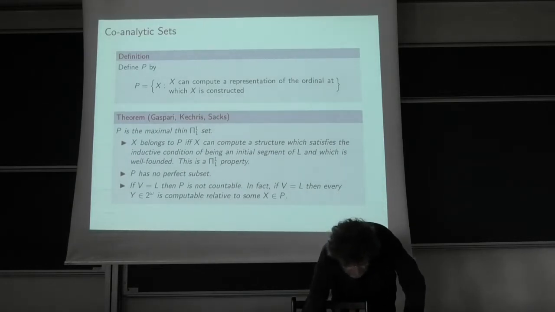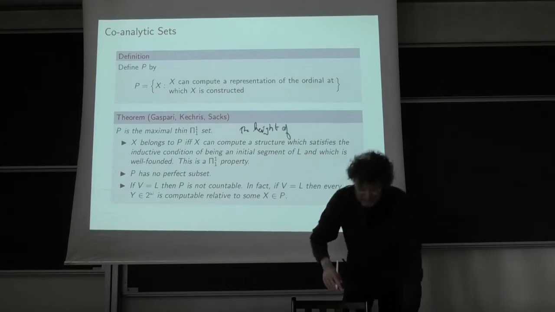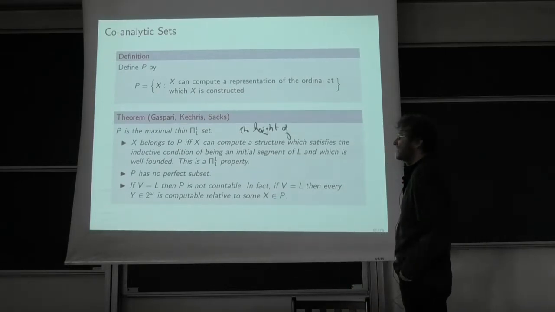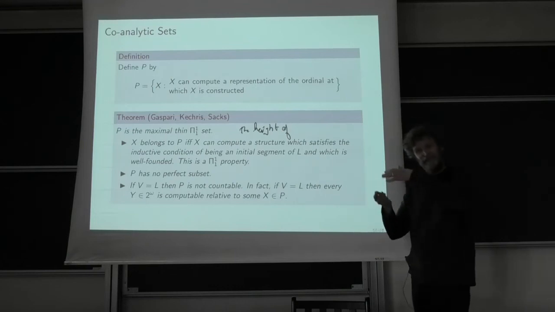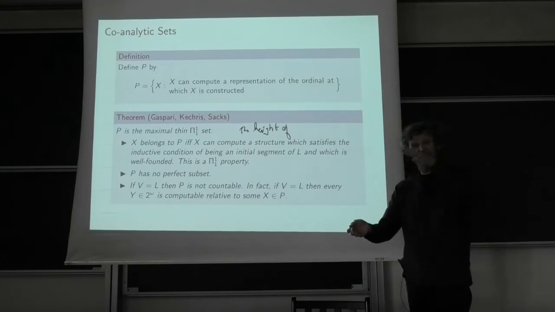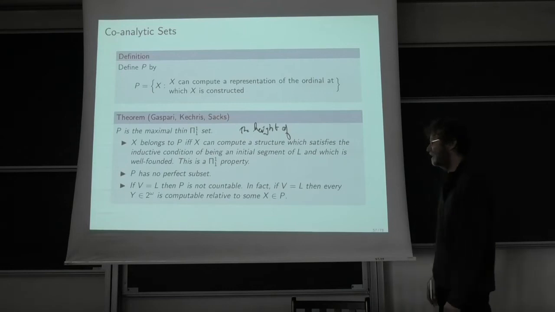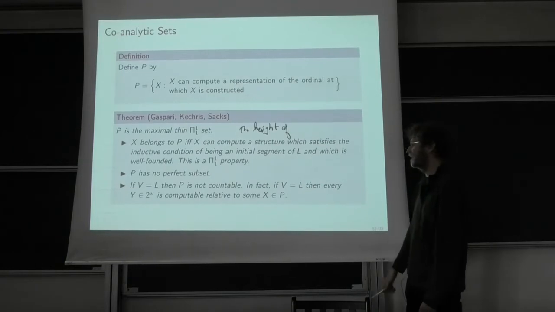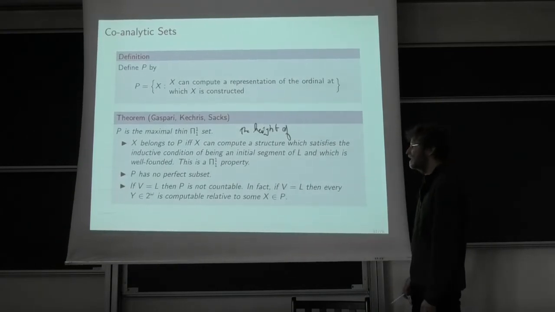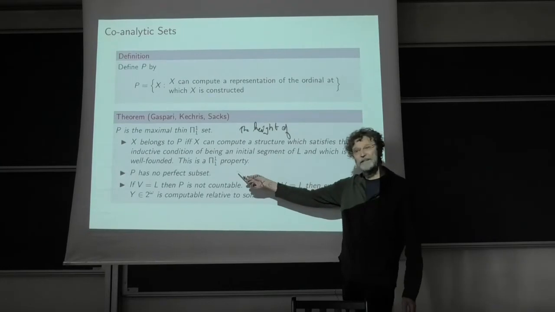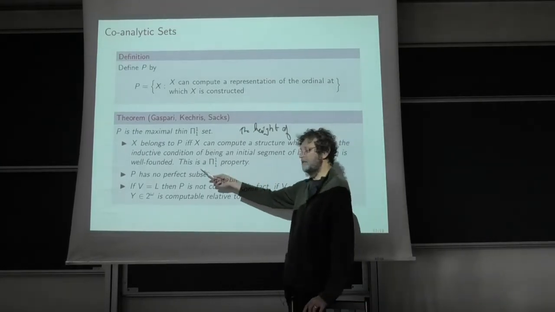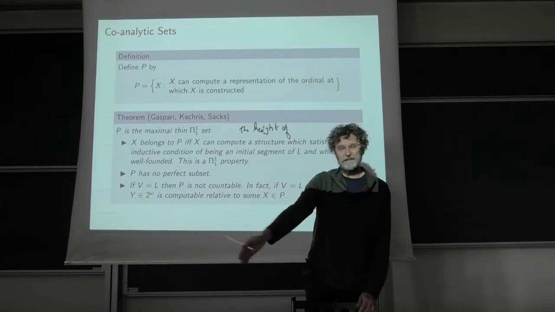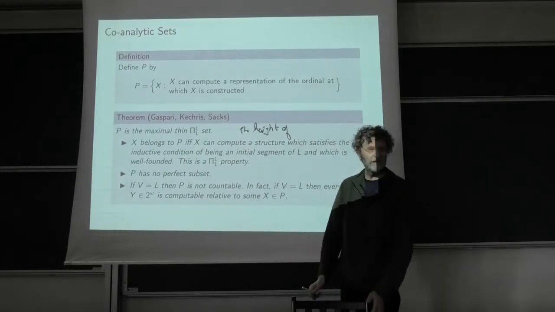It's not computing the whole structure, it can compute the height of it. The structure satisfies the condition that it was internally constructed by a recursion that follows the definition of iterated first-order definability to generate the constructible sets. And this structure is well-founded. Being well-founded says there's no infinite descending sequence in the epsilon relation, the membership relation.